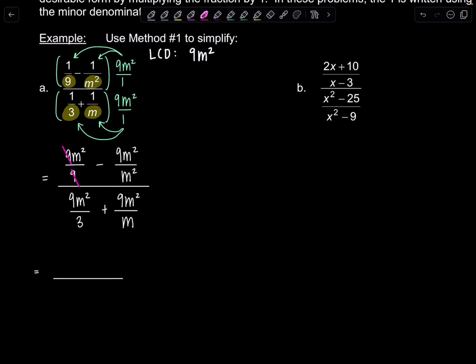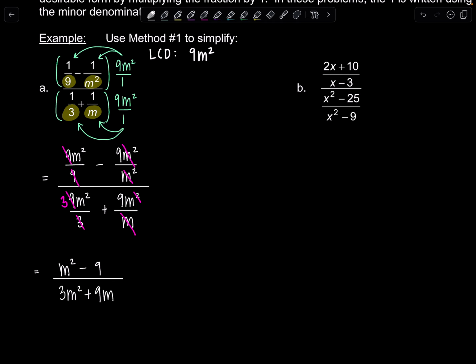So 9 is gone here. That's just going to be m squared minus, and then m squared cancels here, so that's 9. Now moving to the denominator, these cancel. This is just a 3 down here, so 3m squared plus, good, the m cancels, and that's it, 9m.